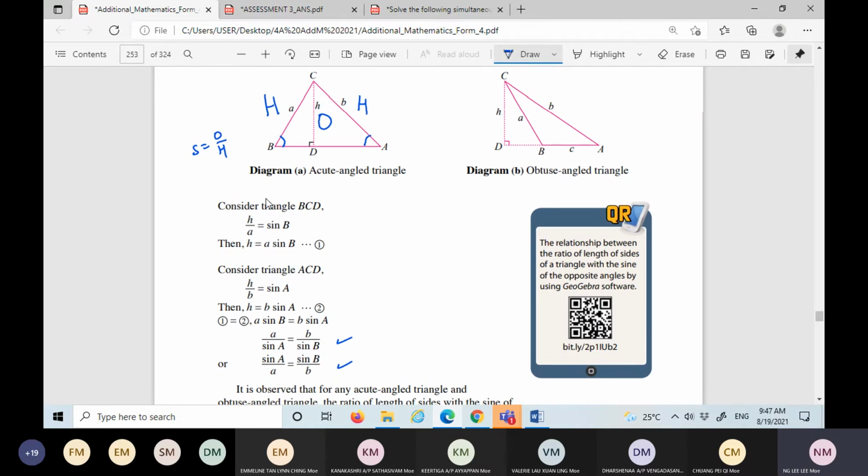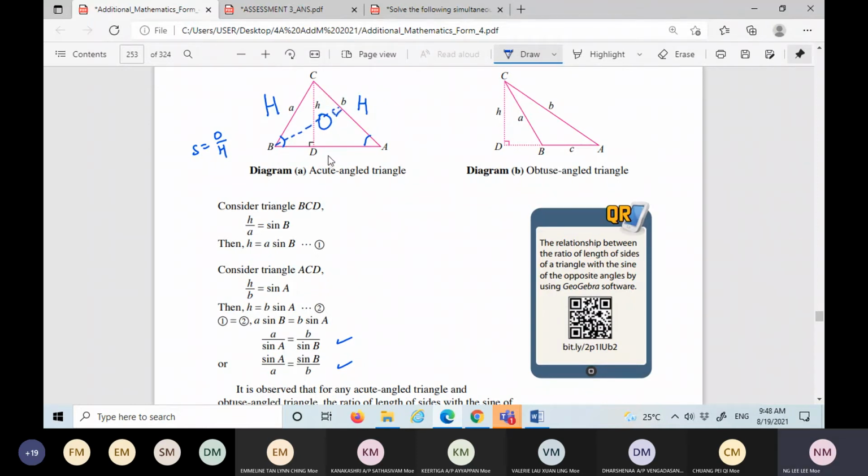Okay, when you want to involve the angle C, because here they only show you A and B, they didn't show you C, how do you involve angle C? You make the other length perpendicular to the other H. Okay, I use this blue color. You see, I put a dot here.